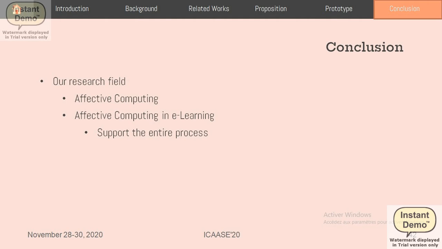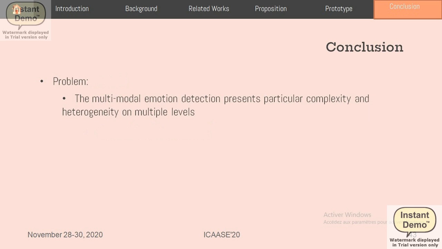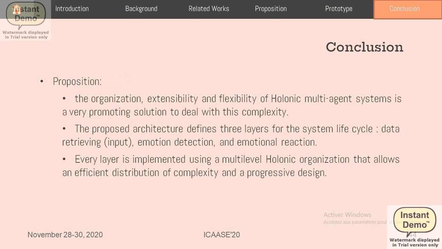In conclusion, our research field is affective computing. We try to apply the affective computing principles in e-learning context to support the entire process. The problem we find is with the complexity of the multi-modal emotion detection and reaction.